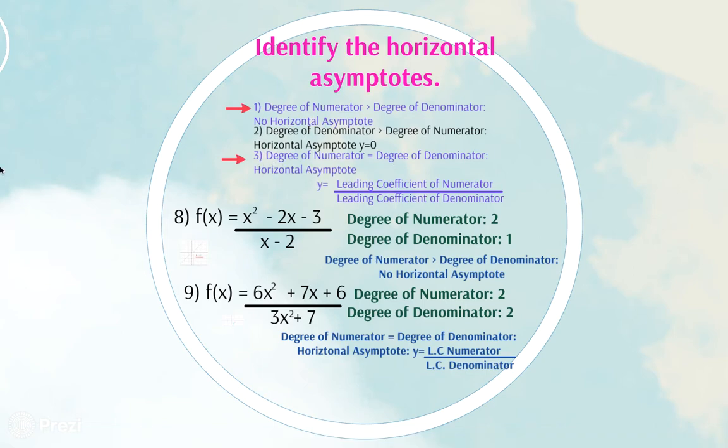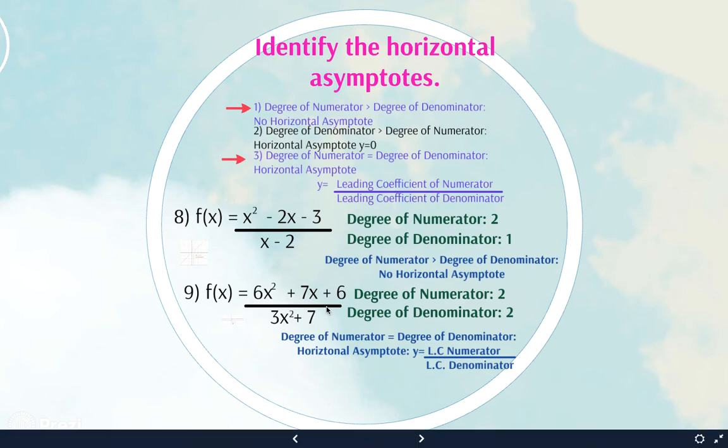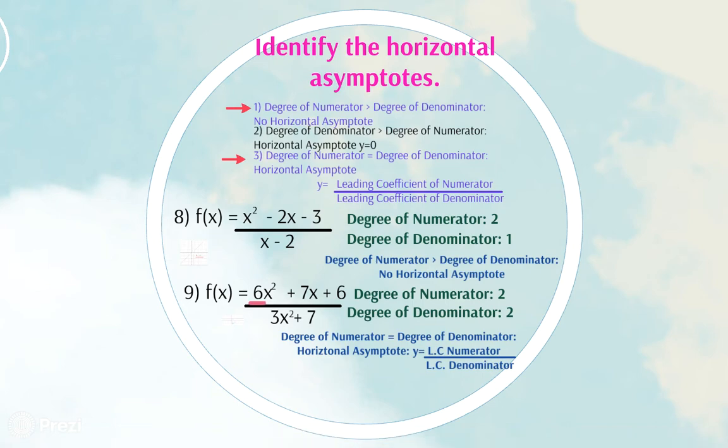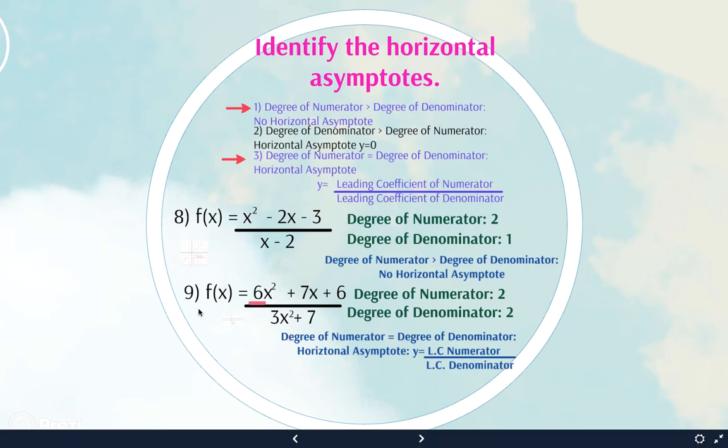So let's figure out what the leading coefficient is of the numerator. Sorry, you guys. The leading coefficient is the coefficient of the term with the highest exponent. So the highest exponent term is this 6x squared right here. So our leading coefficient is a 6 here. And in the denominator, the coefficient of the term with the highest exponent is 3x squared.